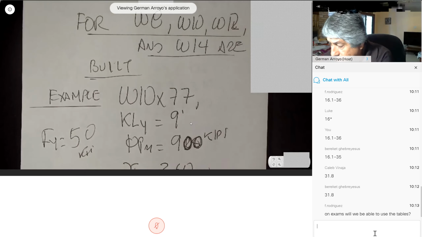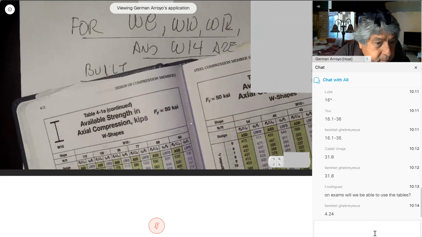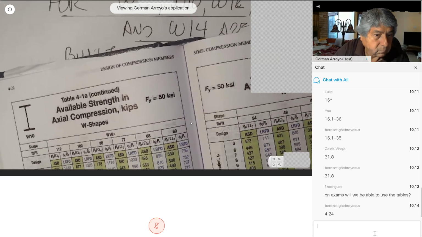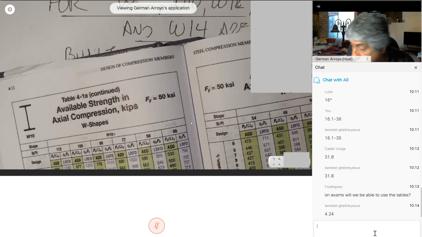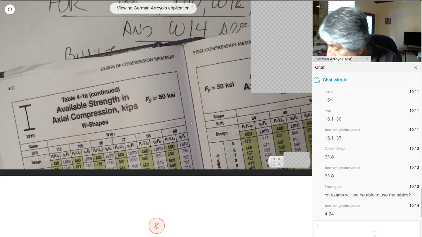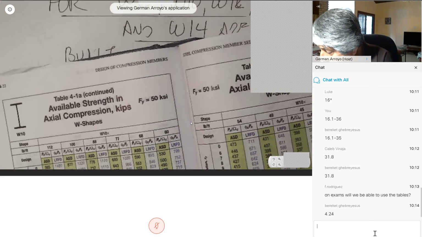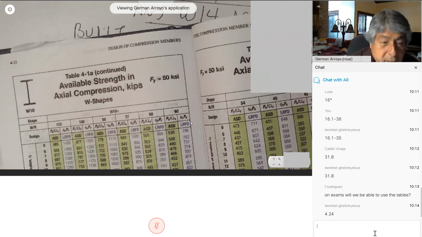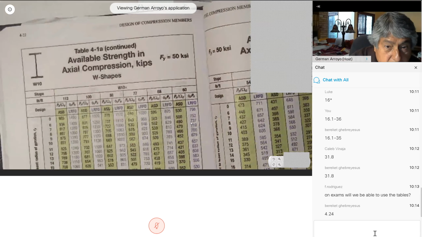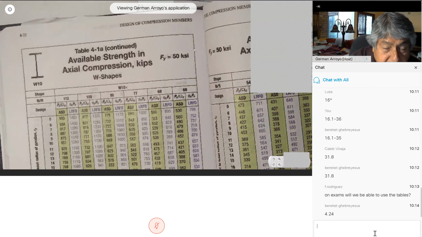Go to page 4-22. In this table on page 4-22, for the W10 by 77, don't forget that you have to check that it is 50 ksi.